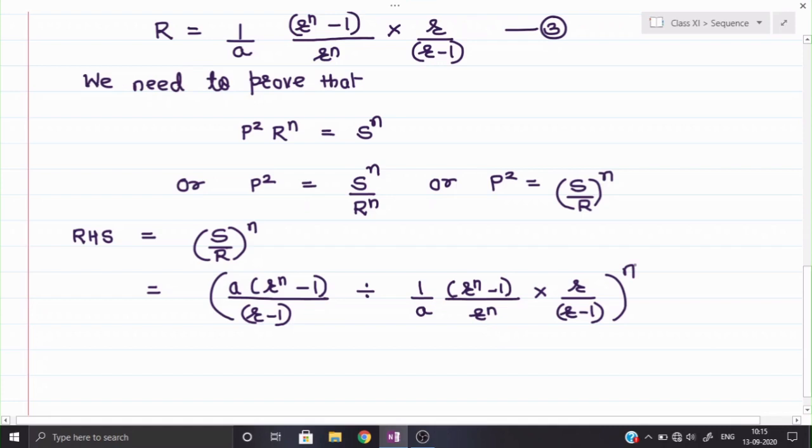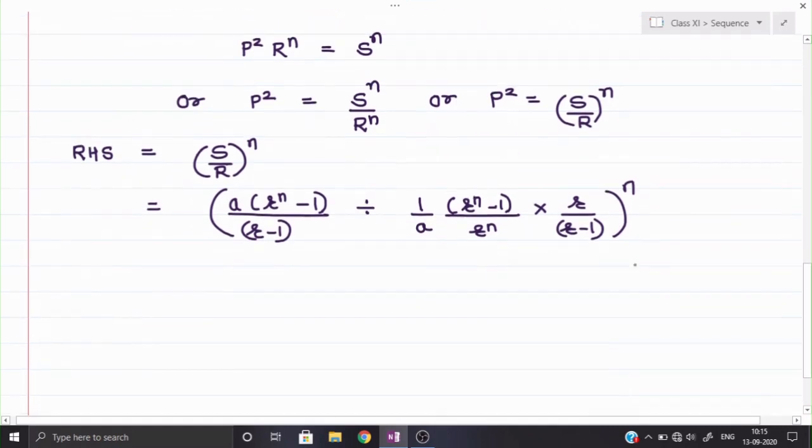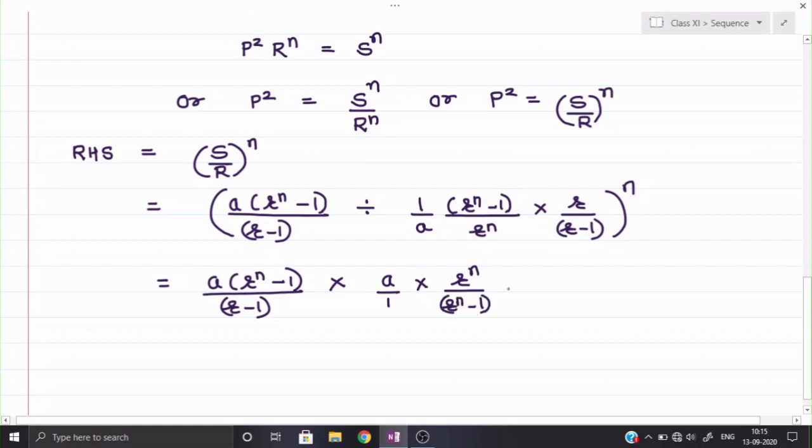That is given. Let's see. Now a into bracket r to the power n minus 1 upon r minus 1 will be as it is. The divide sign I will convert into multiplication. So 1 upon a will become a upon 1 into r to the power n upon r to the power n minus 1, and then into r minus 1 upon r.